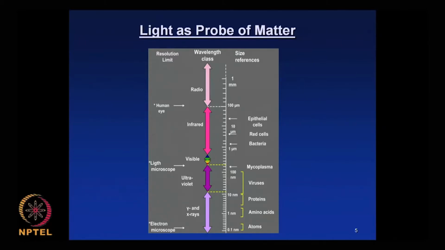For example, even blue light is far higher in wavelength compared to some of the biological red cells and so on. You can clearly see that for structural features all the way up to the atoms, you have a corresponding electromagnetic radiation to choose. This is the fundamental requirement before we choose the kind of microscope we are interested in for microstructural characterization.